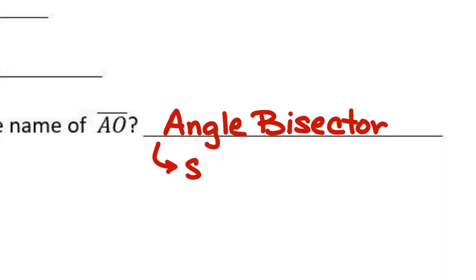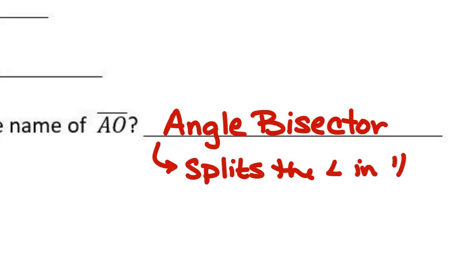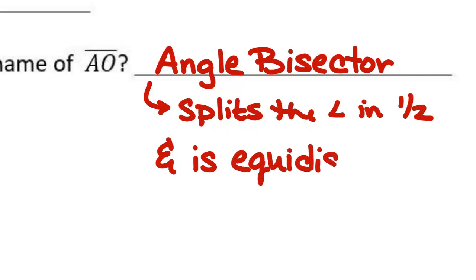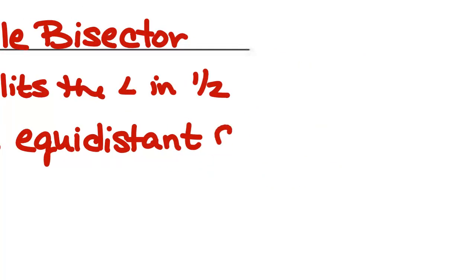An angle bisector splits the angle in half, and is equidistant from the sides of the angle.